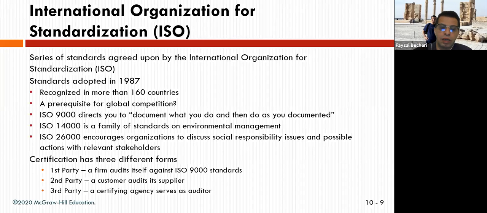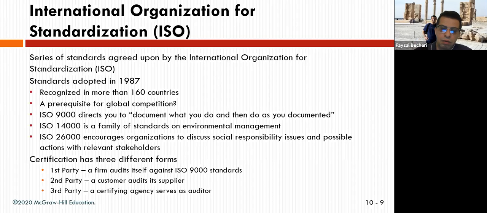Everybody is utilizing it. There are three ways, or three certifications with three different forms. One, a firm can audit itself against the ISO 9000. So you just go and dig in yourself and start auditing.